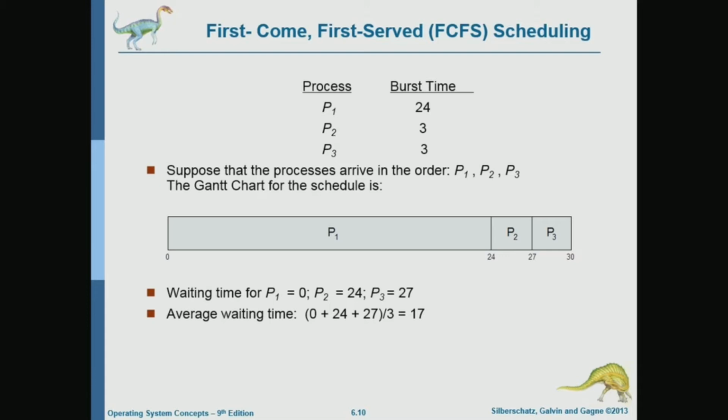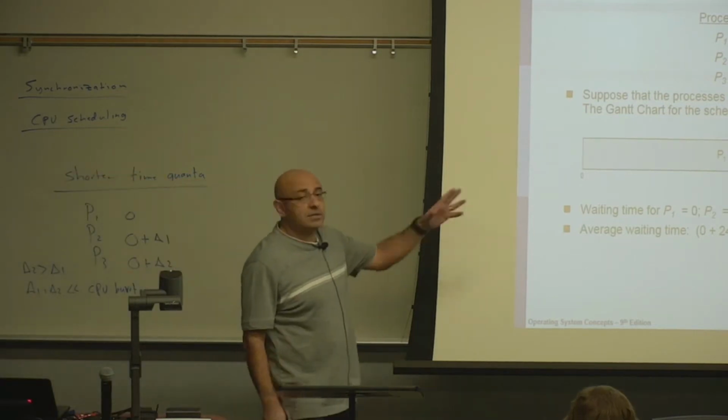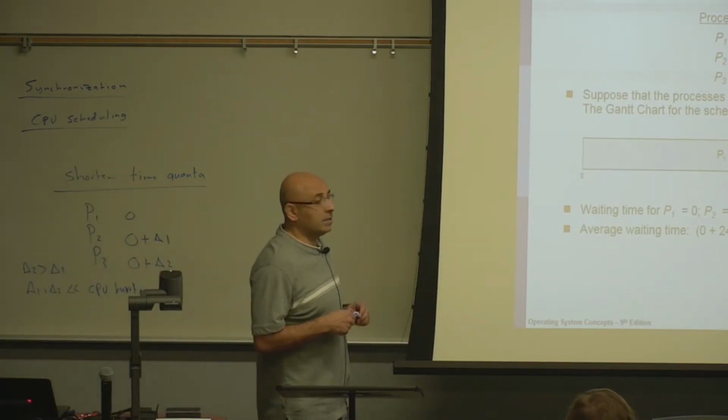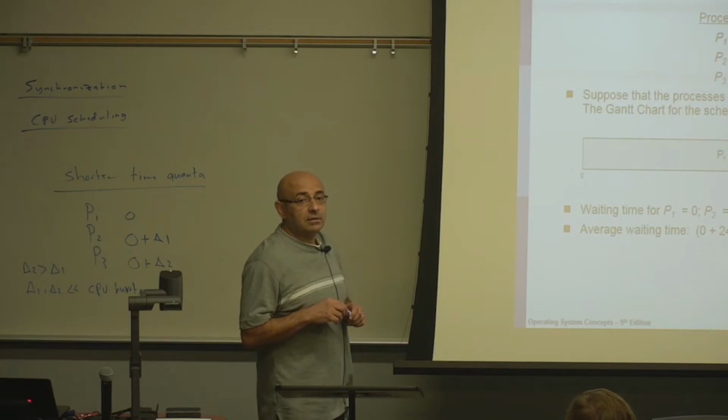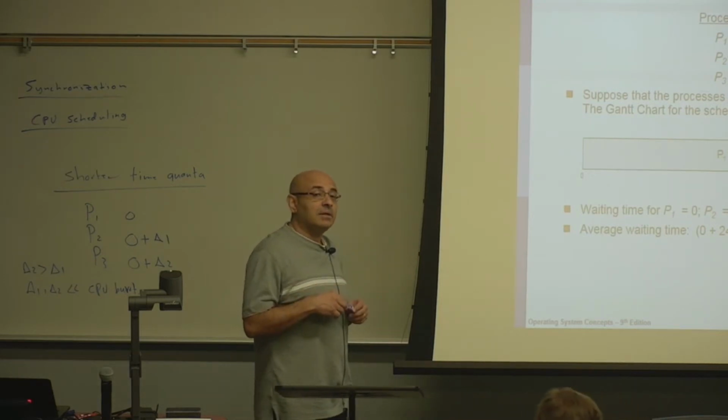So now the question is, is this a good algorithm? If you were doing the scheduling, would you do it in this order or not? If our objective is minimizing the average waiting time, is this good?